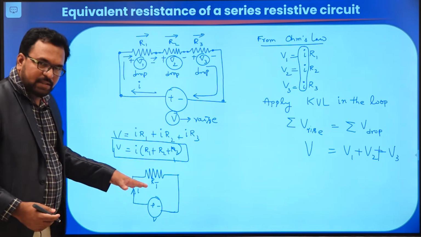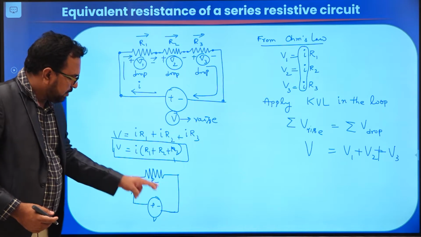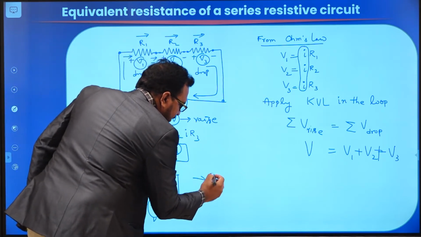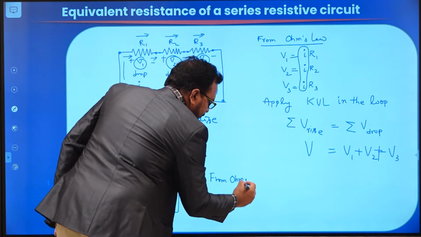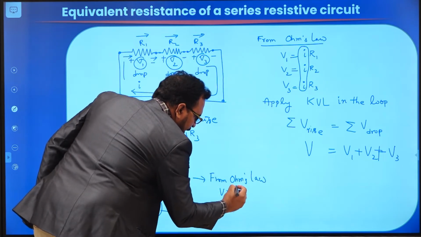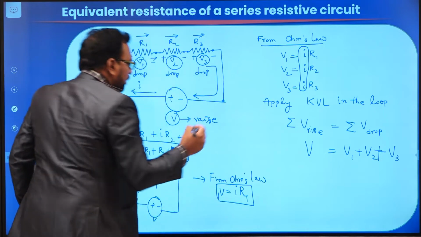What are the parameters in this circuit? One is V, I and RT. We know that these 3 relate from Ohm's law as V is equal to I into RT.